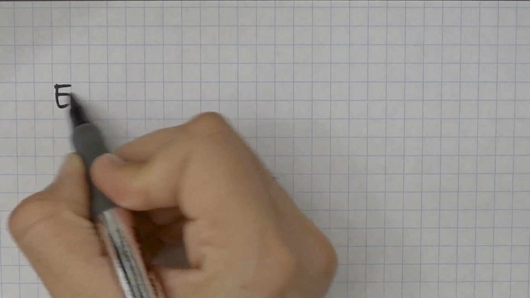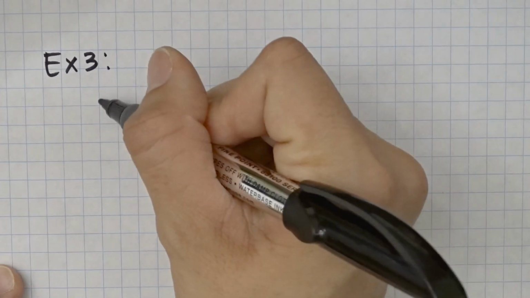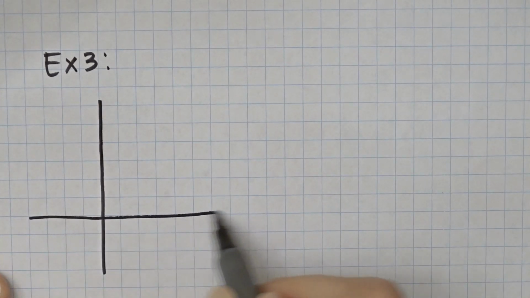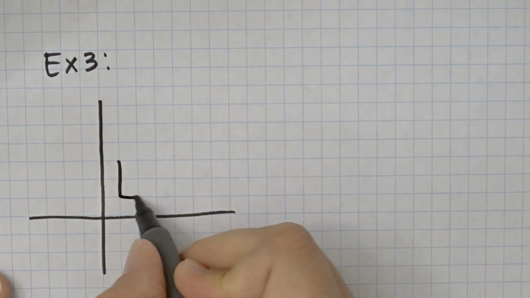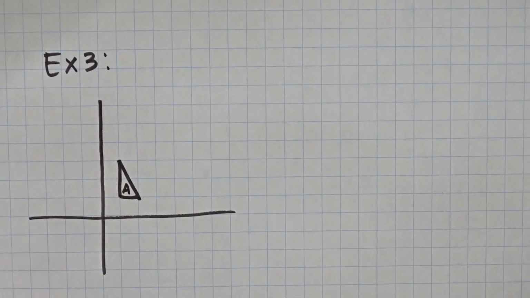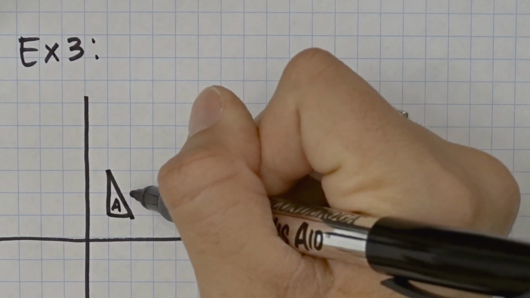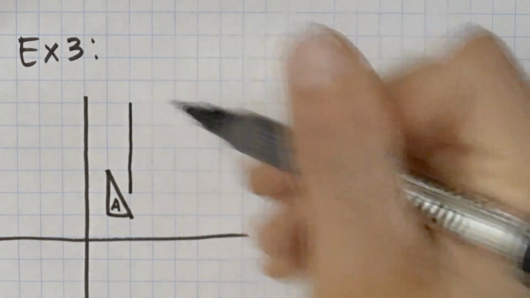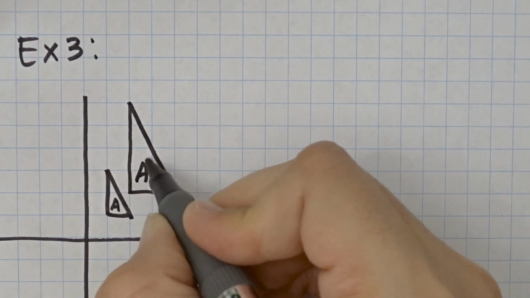All right, so let's say I have a dilation that already happened and I want to know what was the scale factor. So quickly, let me just show you. Say I have a 2 by 1 triangle. That was my pre-image. And I actually got a larger triangle.